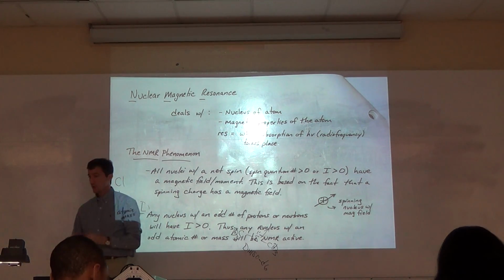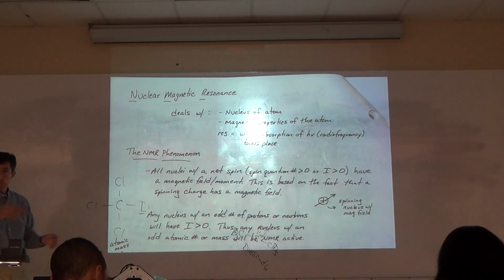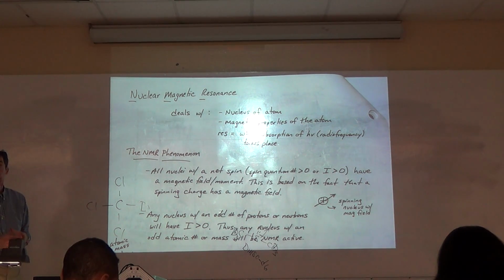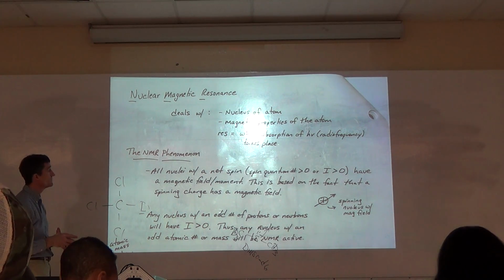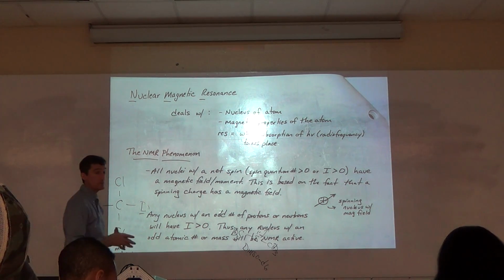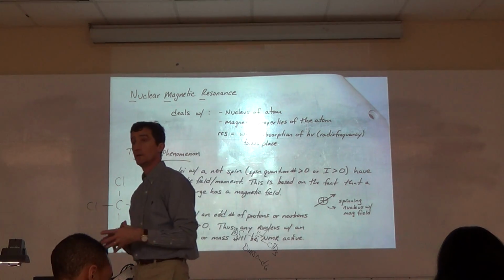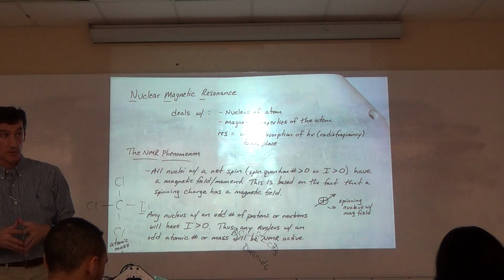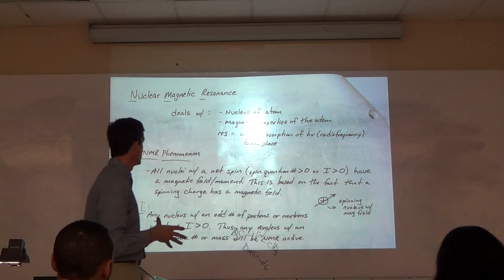Resonance is a term for when you get that absorbance. When you see a peak in NMR, it's absorbing light. We'll have to figure out why and explain why. So that's NMR. NMR is very analogous to what at the hospital? MRI. Okay.